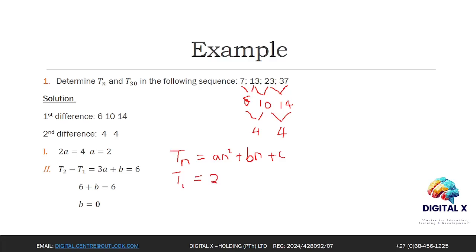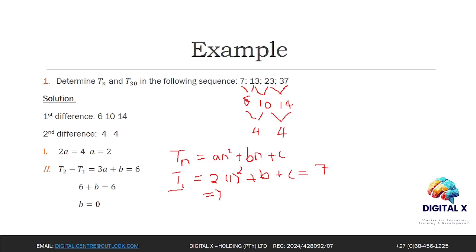So from there we have that. So I'm going to write everything down. I hope you all can follow. So we have b plus lastly some constant c, which is what we are going to look for. And mind you, we all know that the value of t subscript n, the first term, is 7. So this will give us that.